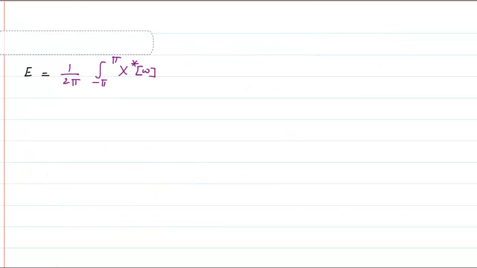So changing the order of integration, I have brought the integration out, and the remaining portion within the brackets I will put inside. That is the summation n equal to minus infinity to infinity of x of n e raised to power minus j omega n, and then the remaining portion is d omega, which is outside.